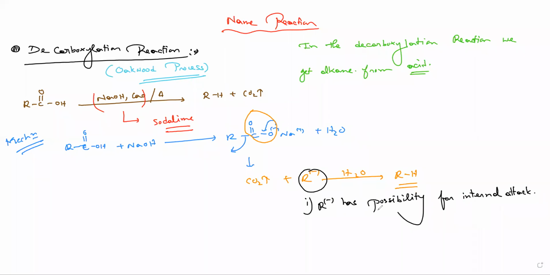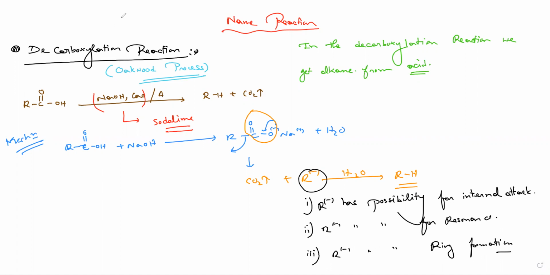Second, R minus has possibility for resonance. Next, R minus has possibility for ring formation. So these three things are possible.